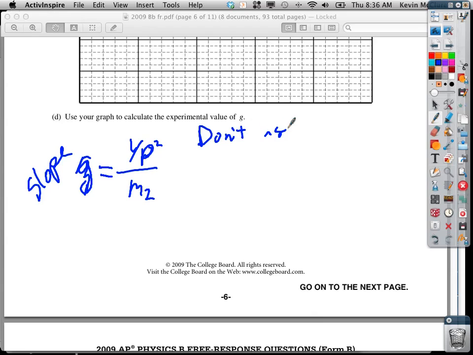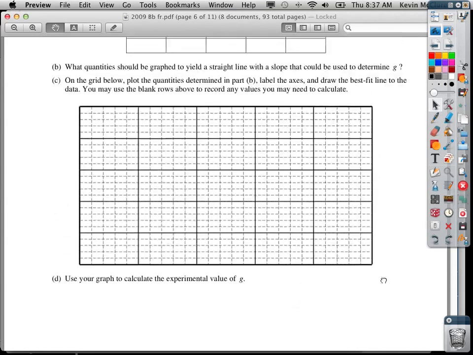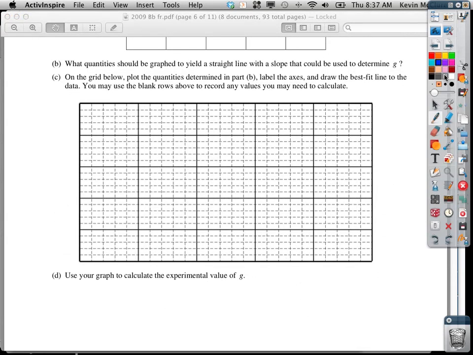Okay, let me say this very clearly. Don't use data points. Do not use data points to find the slope unless those data points are specifically on the line. If my data points are here, here, here, and there, and so I do a best fit line like this, I can only use one of those data points.